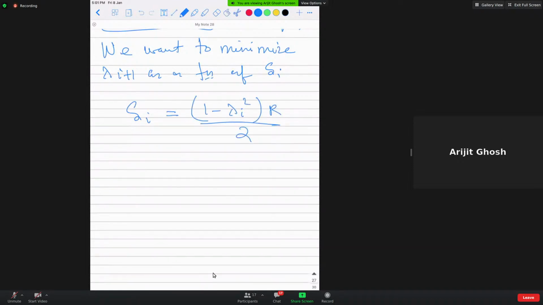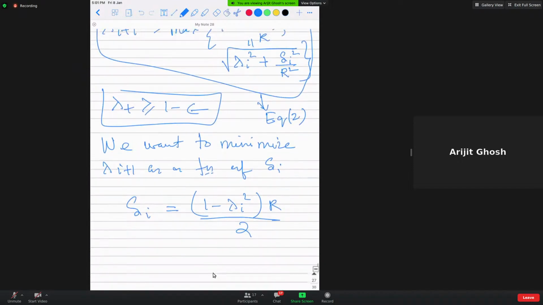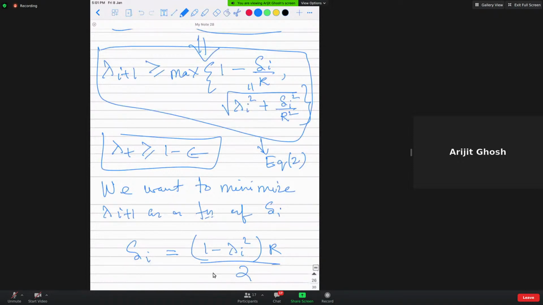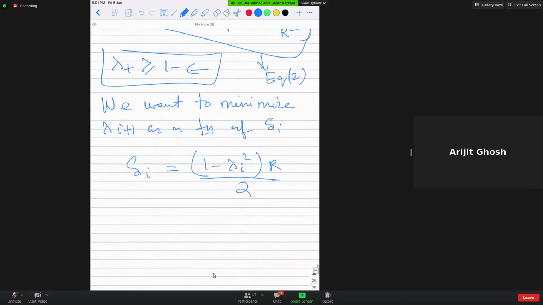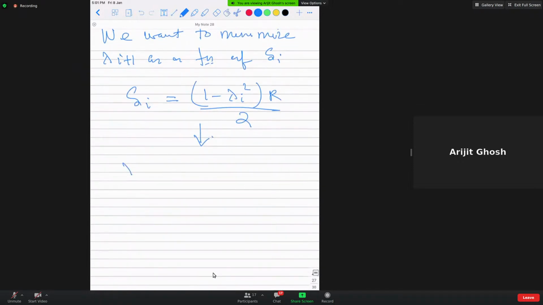This is from my notes, so I don't want to evaluate it, but basically, to do this minimization, I just have to set this equal to this. Substituting back, you get this recurrence: lambda i plus 1 is greater than or equal to 1 plus lambda i squared by 2.